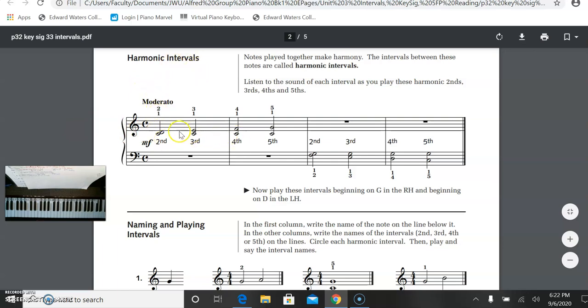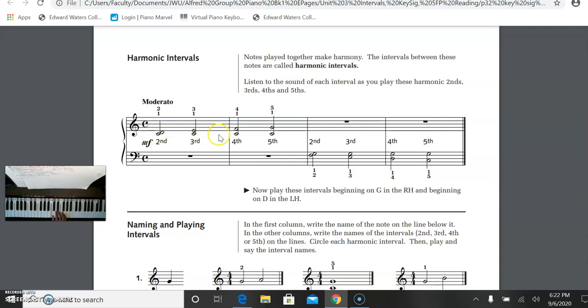Again, they start on seconds, and then they get larger, going to fifths. And again, listen to the sound. If you played them separately, it's not written here, but it would be something like this.